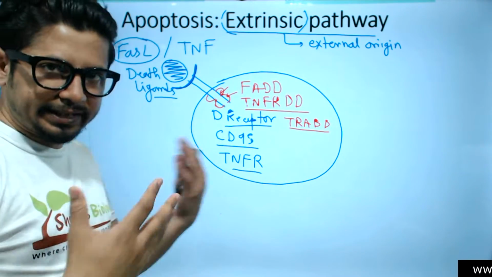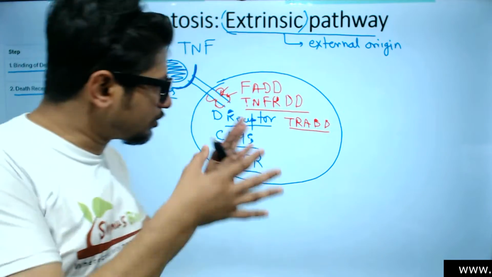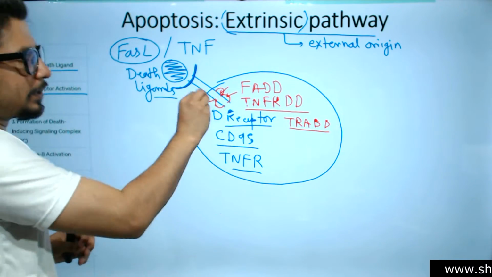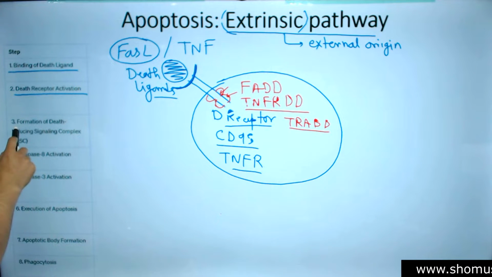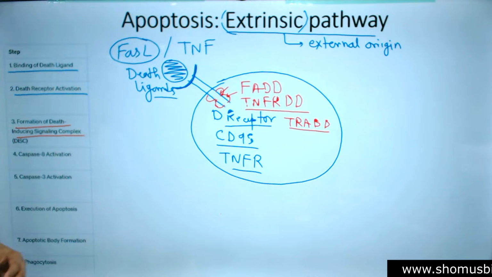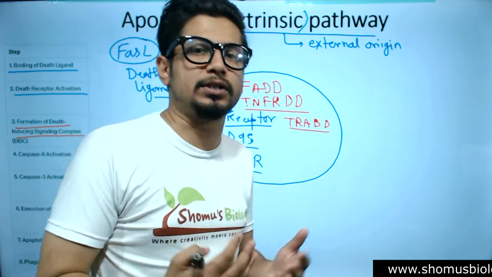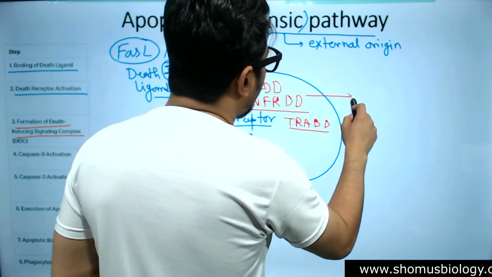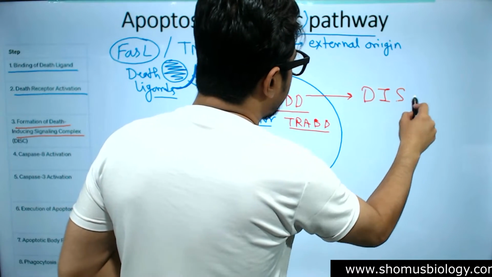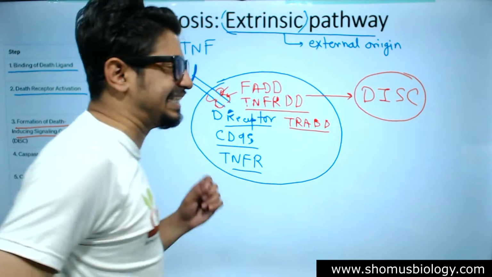They get triggered, they get activated. So whenever the cytosolic side of these death receptors is active, what does this signal? It helps in the formation of the death-inducing signaling complex, known as DISC. So they will form DISC. Remember this term, DISC.